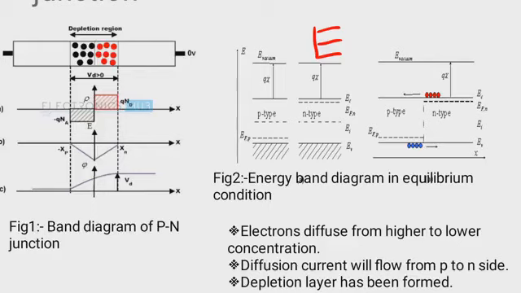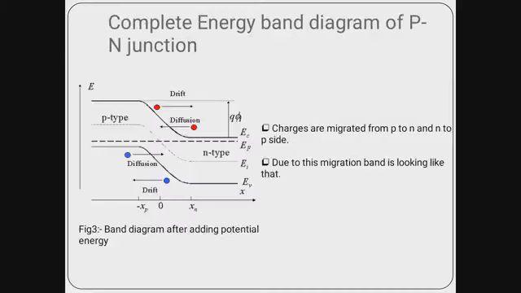V is the external voltage and E is the total potential energy, which is denoted by minus E into V.